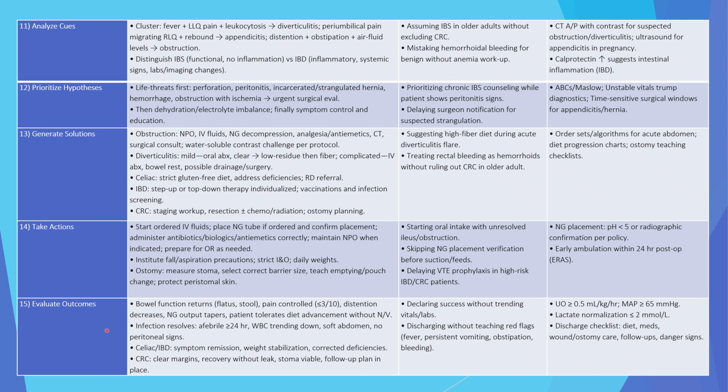To remember, urinary output is 0.5 ml per kilogram per hour, but usually around 30 ml for adults. Lactate normalization. Discharge checklist: diet, meds, wound, ostomy, follow-up, danger signs.